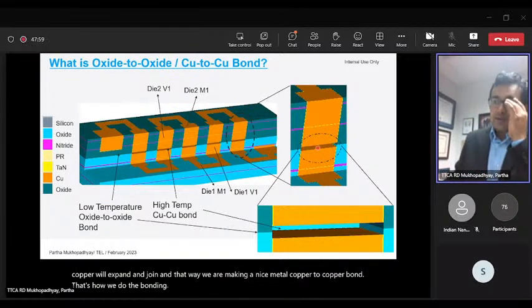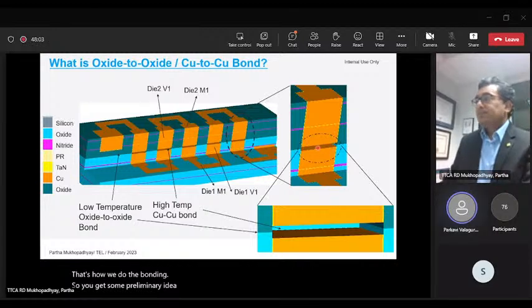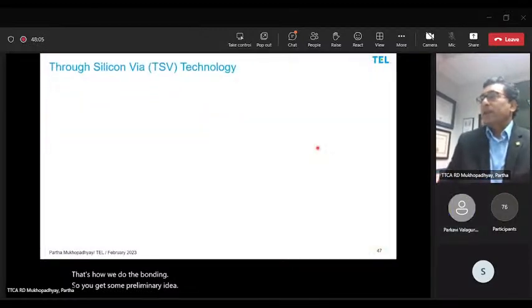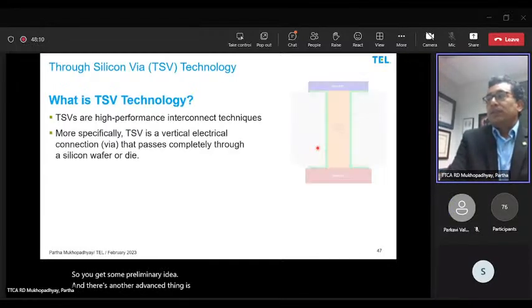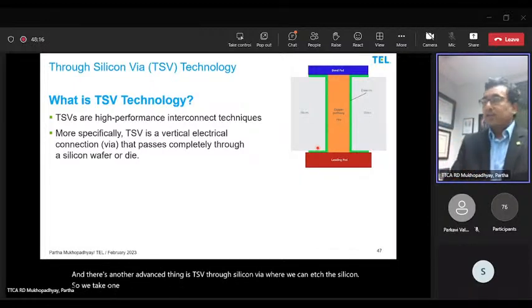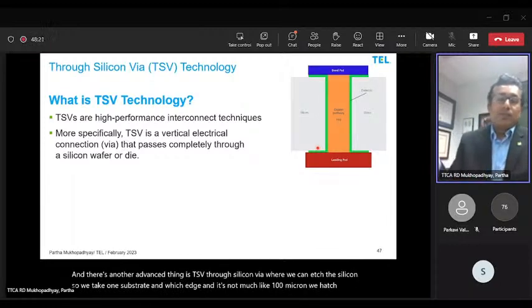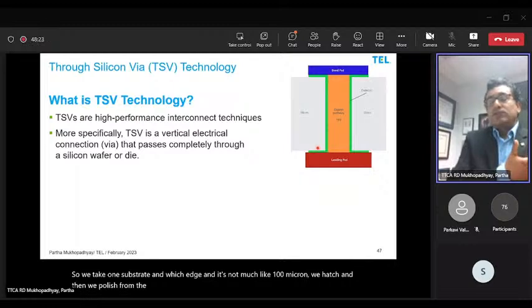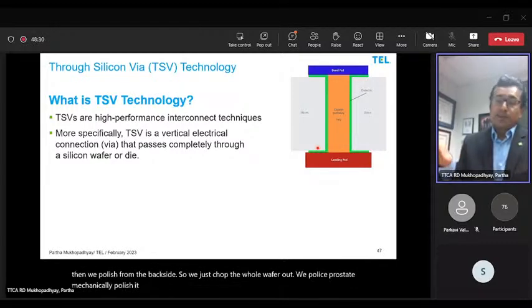So you get some preliminary idea. And there's another advanced thing, TSV, through silicon via, where we can etch the silicon. So we take one substrate and etch it, not much, like 100 micron, and then we polish from the backside. So we just chop the whole wafer out. First we grind it, then mechanically polish it, and then we do the CMP.